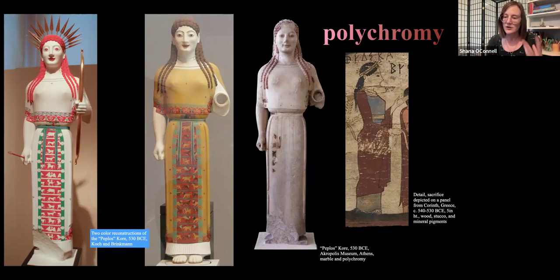So to balance the interpretive aspect, with my slides, I always try to give the original polychromy. So on the far right, you can have something that was made by an ancient Greek artist.